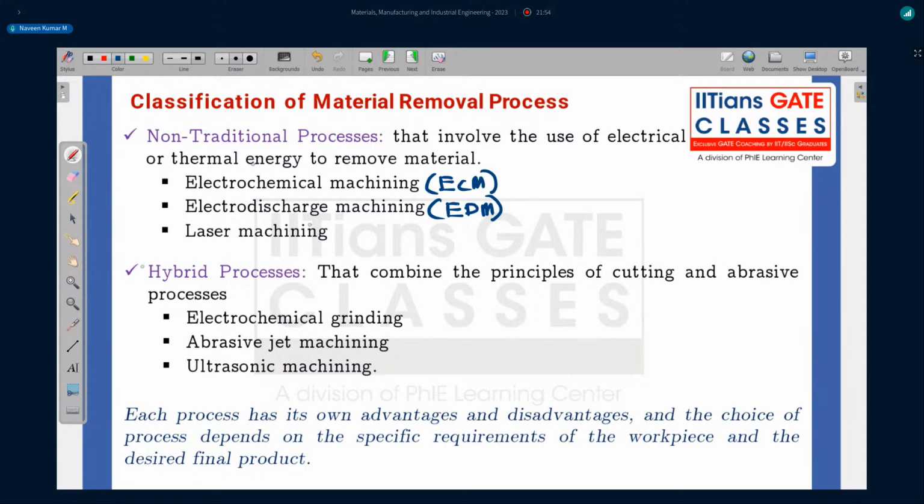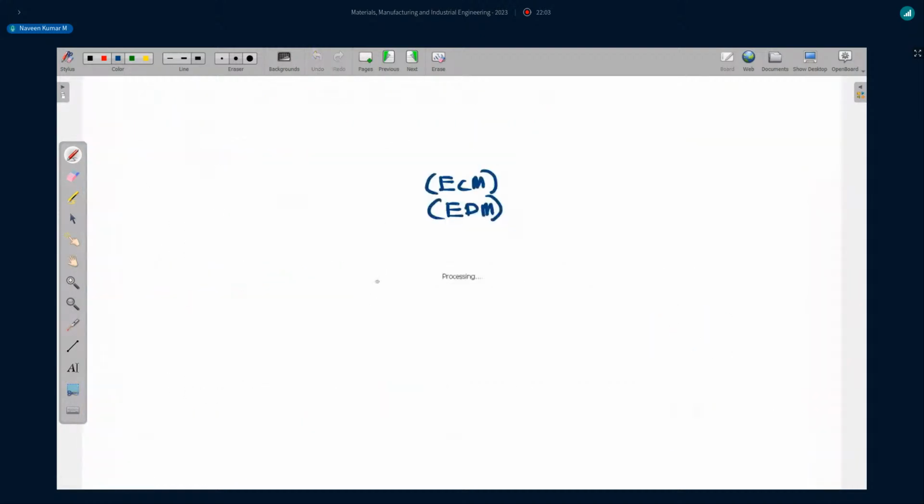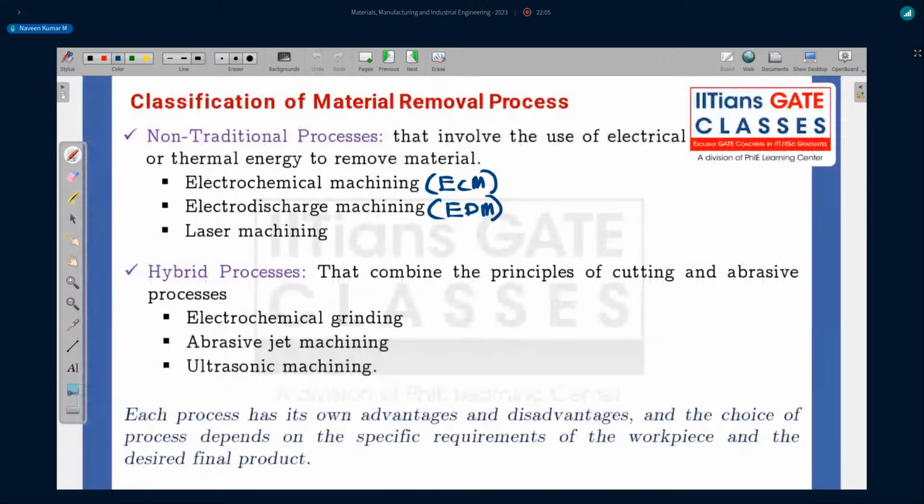Next is the hybrid process that combines the principles of cutting and abrasives. In the previous ones we have seen cutting and abrasives, so it can combine both, like electrochemical abrasive jet machining and ultrasonic machining. These are also non-traditional processes. Hybrid processes are also known as non-traditional machining processes.